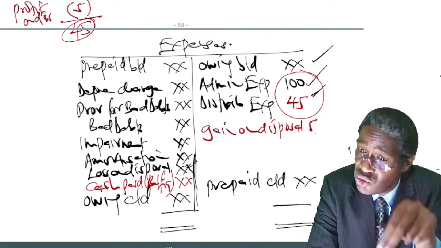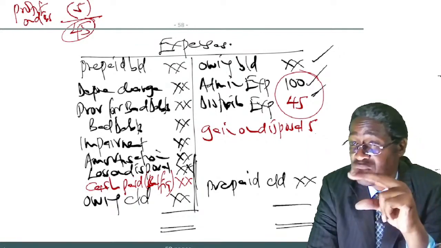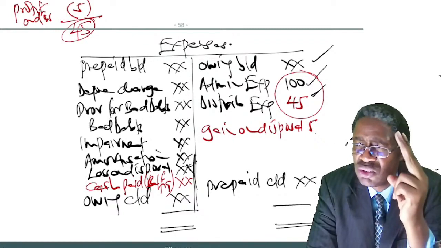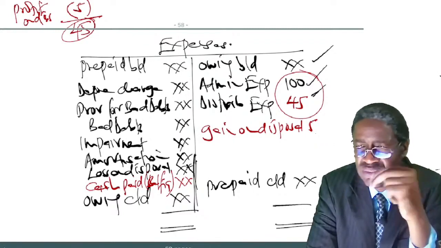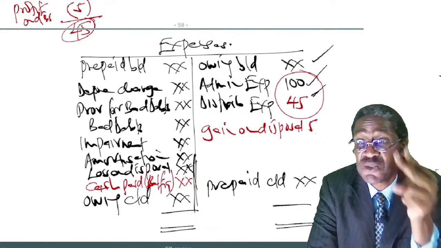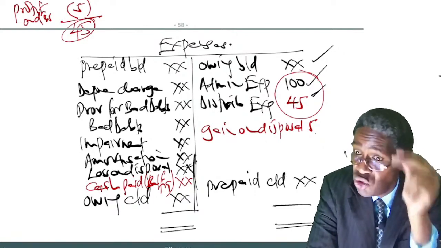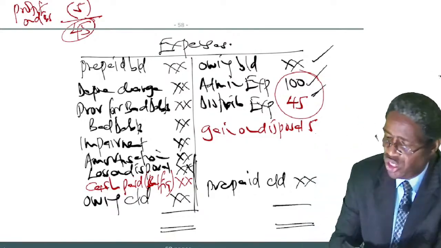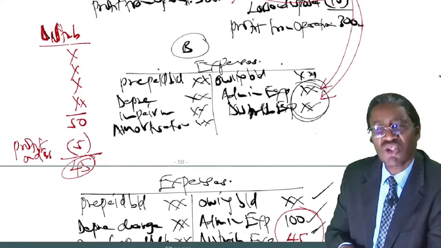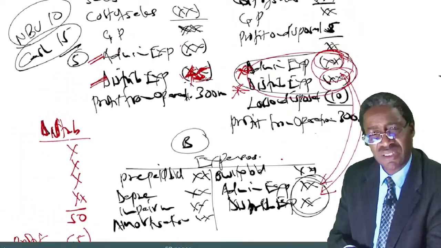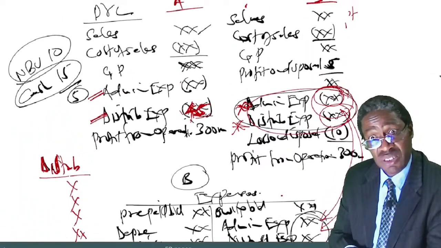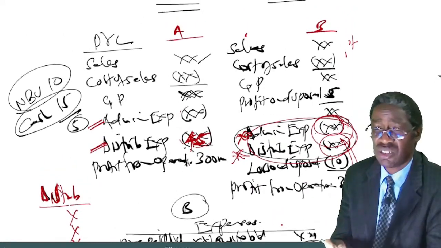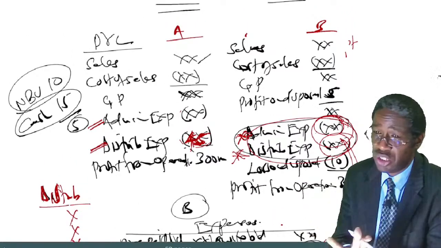Are there times we use them in the expense account and there are times we don't use them? Yes. I've told you, when do we use them? In the expense account, we use them when they are not shown separately in the income statement, like accountant number A did not show us the gain or loss on disposal.